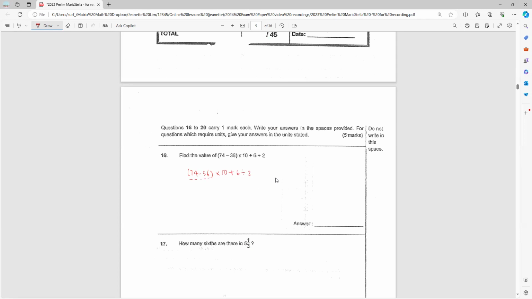This will be 38, times 10 plus 6 divided by 2. Next, you have times, plus, and divide. You have to do the times and divide first, because times and divide are equally important. Then you add. So the answer is 383.